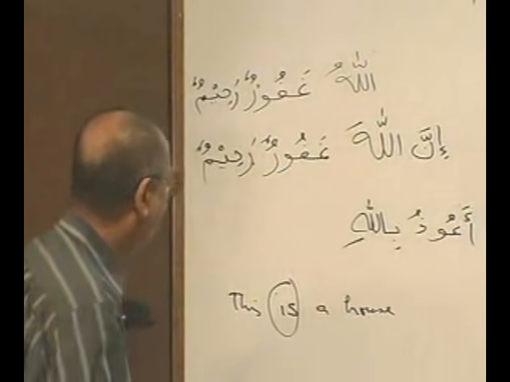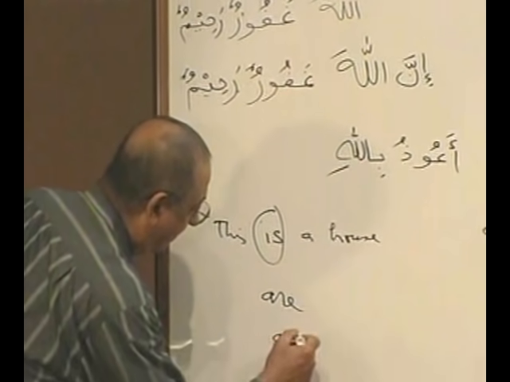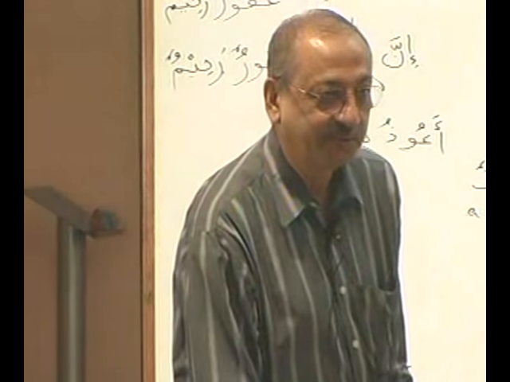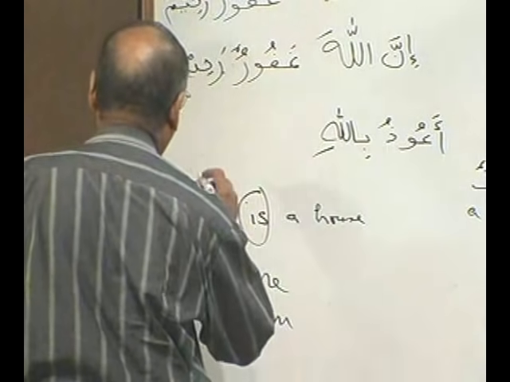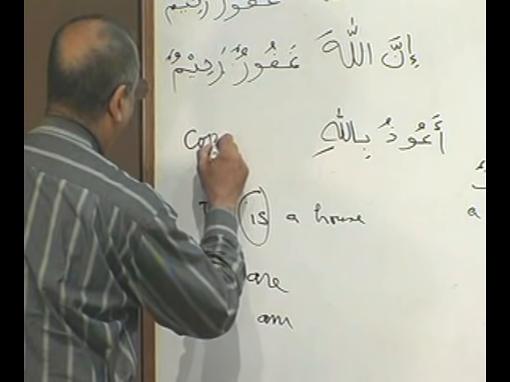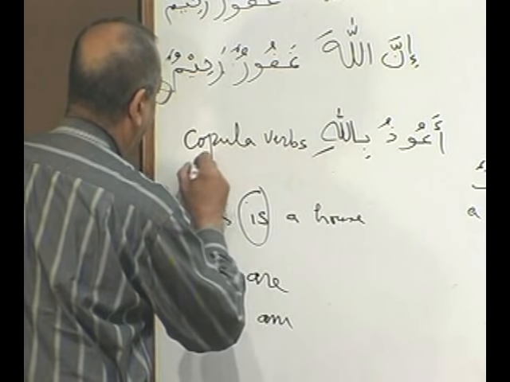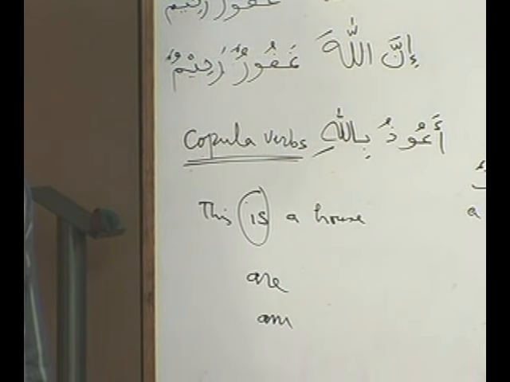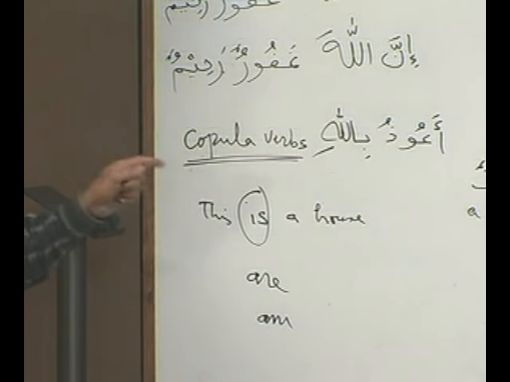So what is? Okay, we go to English grammar. Is, are, and am, these are linking verbs. In English, we call it copula. Copula verbs. They are intransitive verbs, but I will not go into detail on intransitive. But they are called copula verbs.